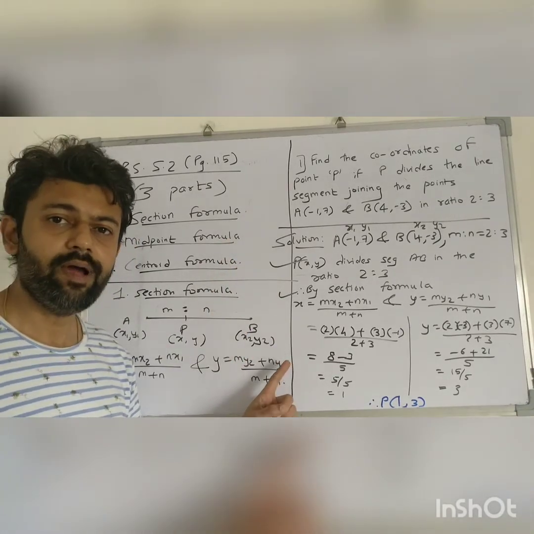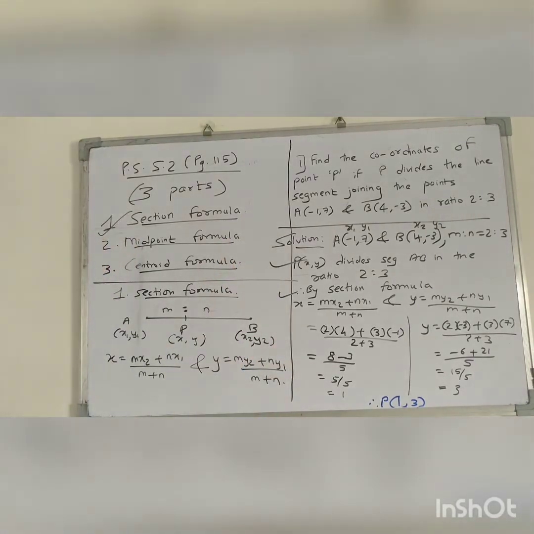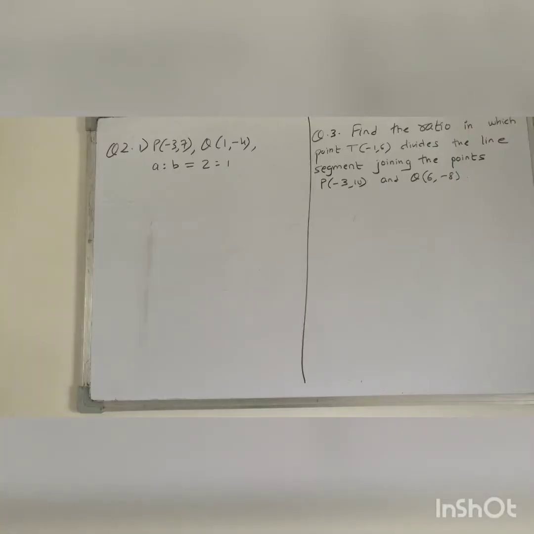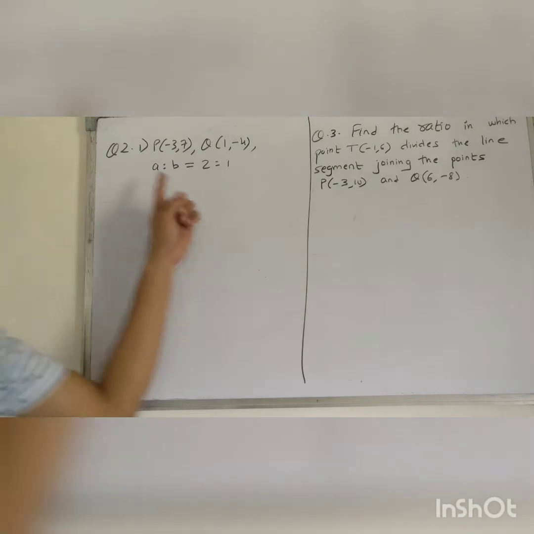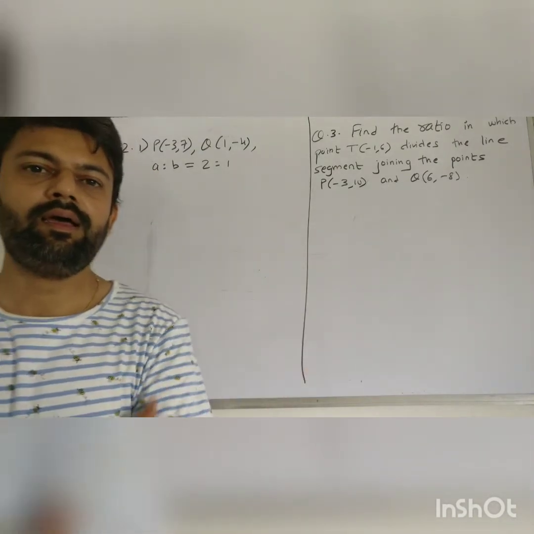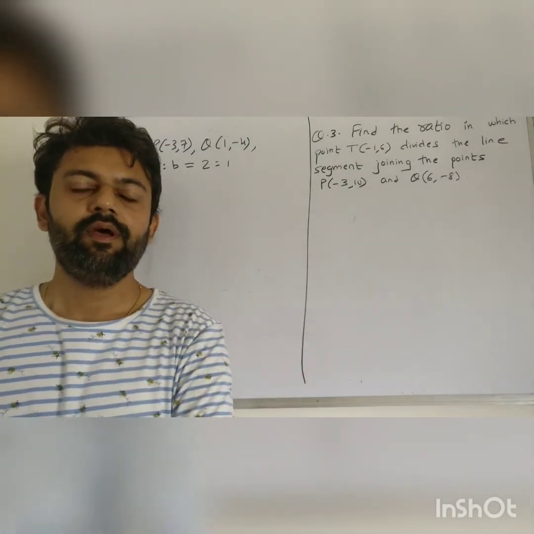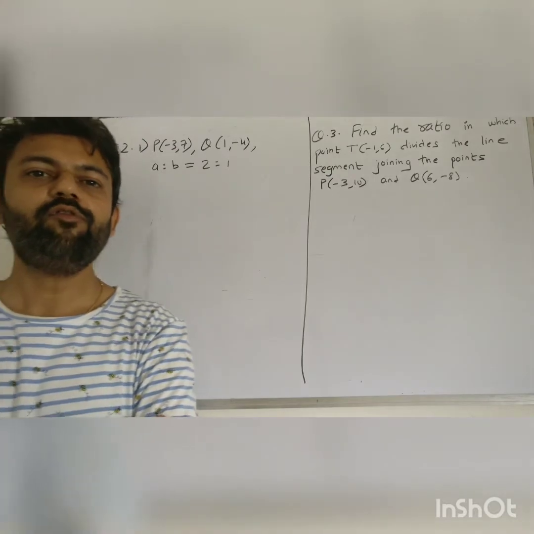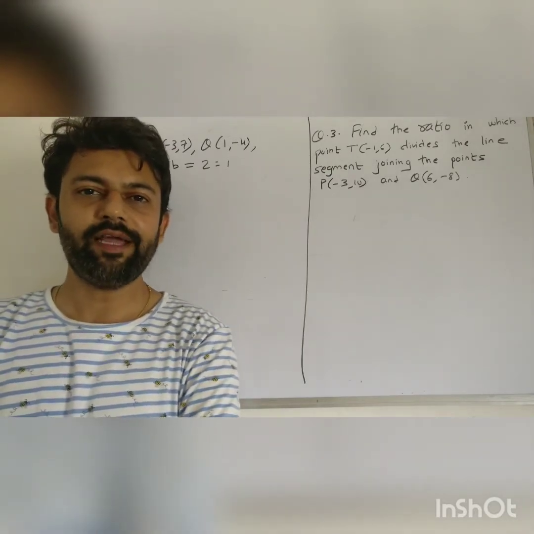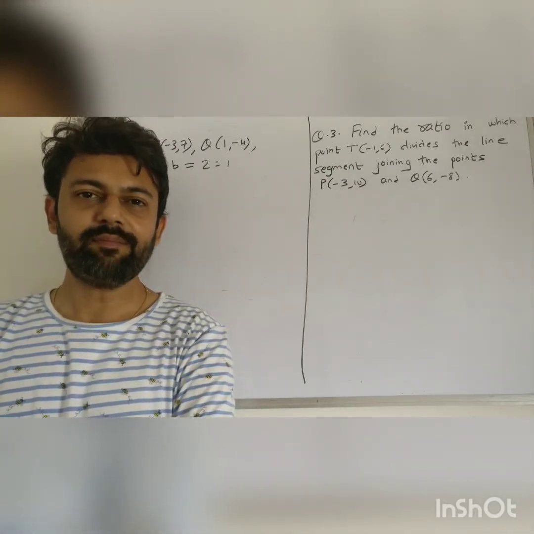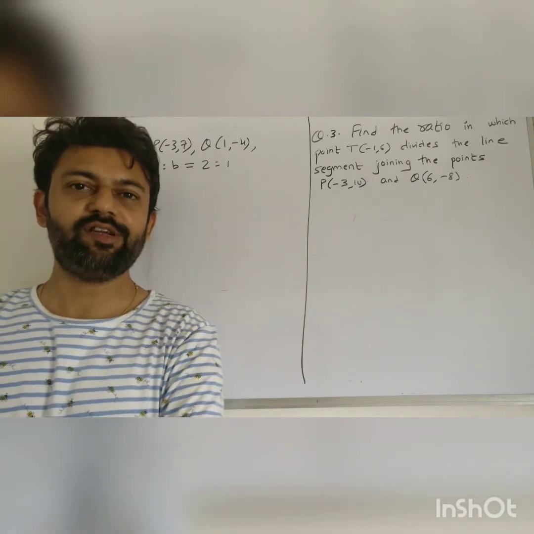You may pause the video and copy these notes. Well, the second question. If you read, we have to find the coordinates of the point A which divides the segment PQ in the given ratio.